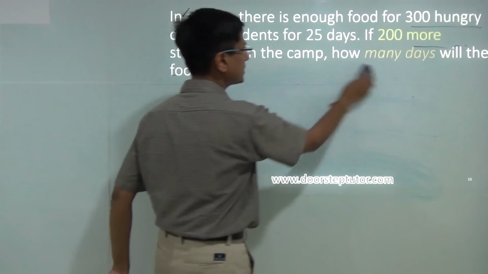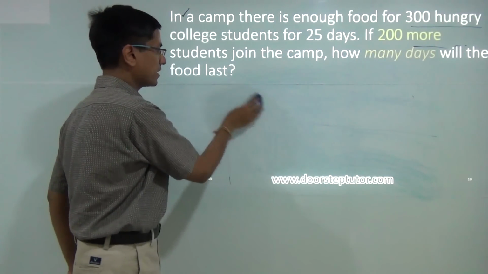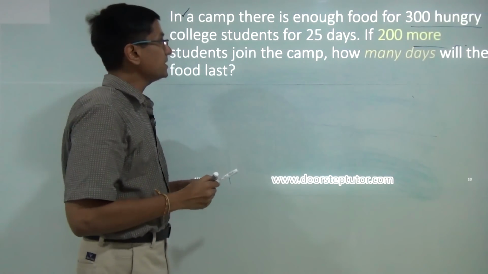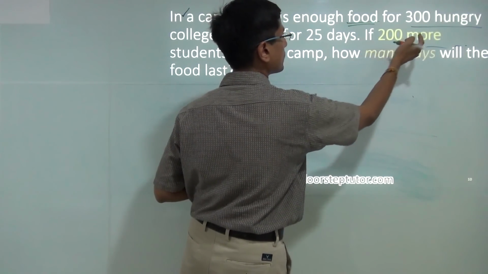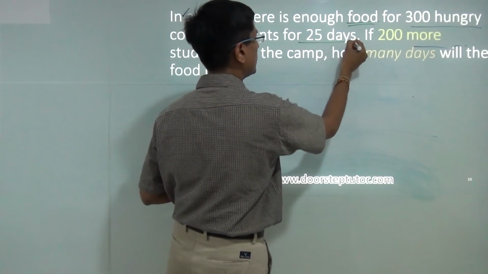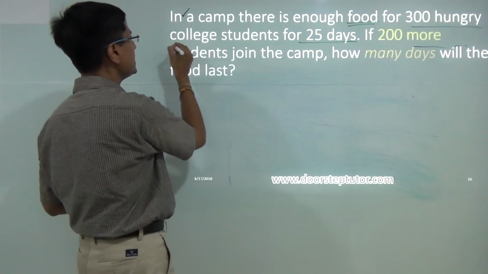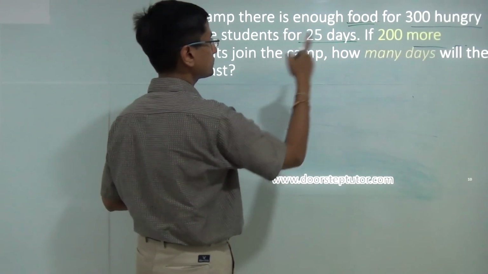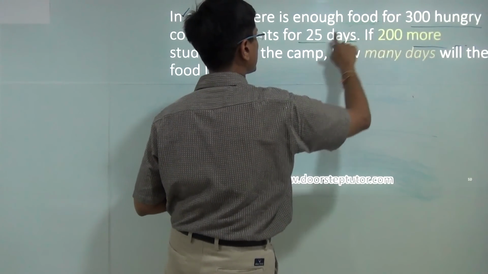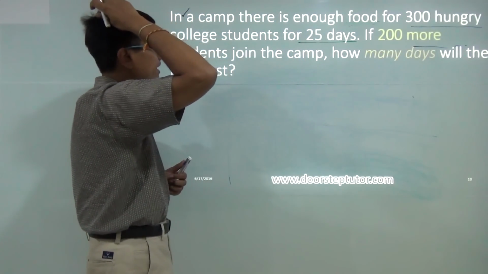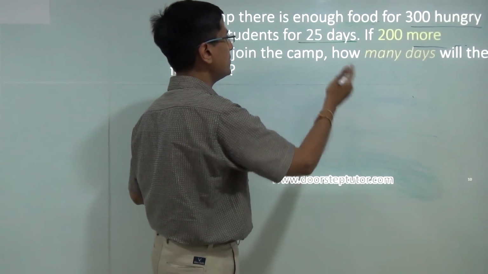Here the question is using the relationship between food, the number of days the food would last, and the number of students. So there are 300 hungry students, and the number of days you can feed them is 25.